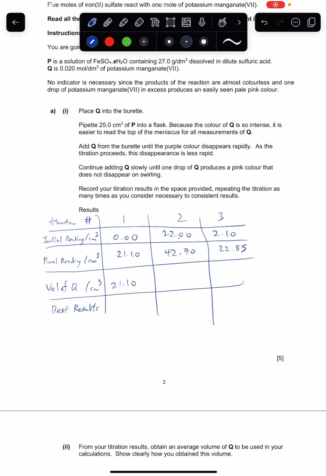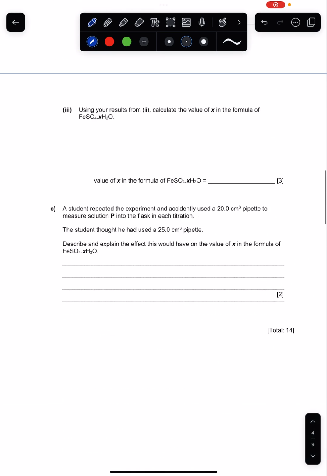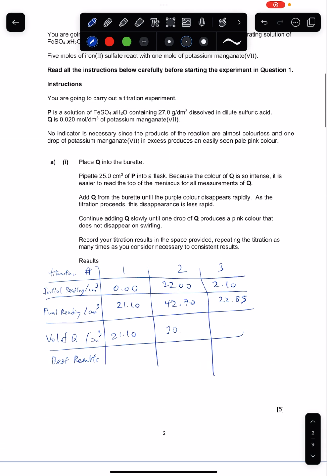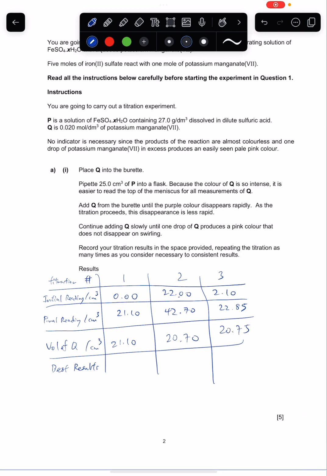Then this one, 20.70. Then 20.75. So if you recall, best result means plus minus 0.20. So you just have to tick, and then you get a mark.